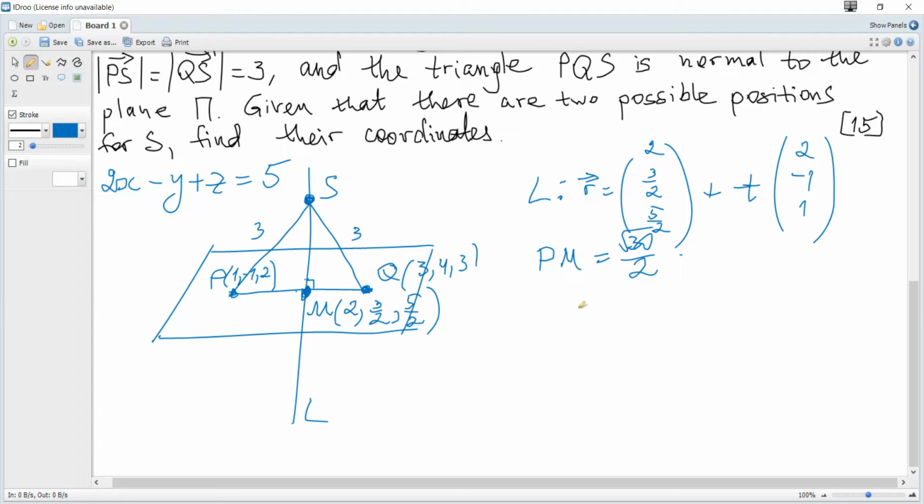And coordinates of S are this, and the coordinates of point M are these.